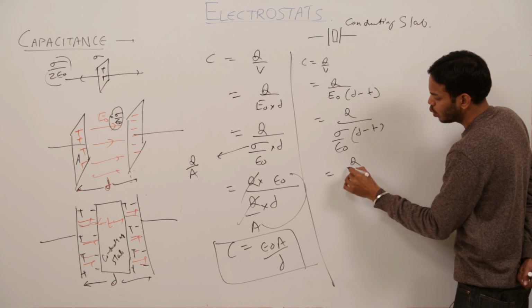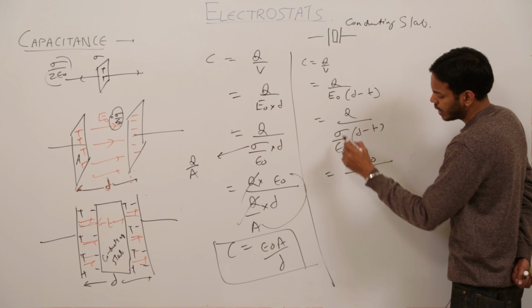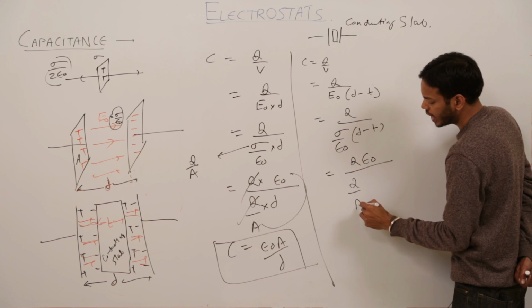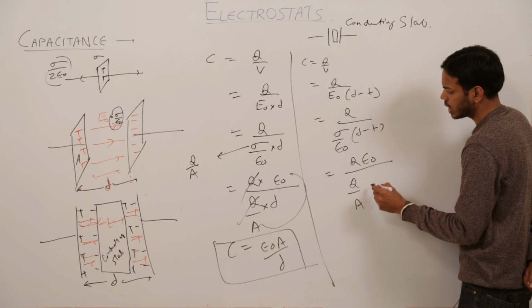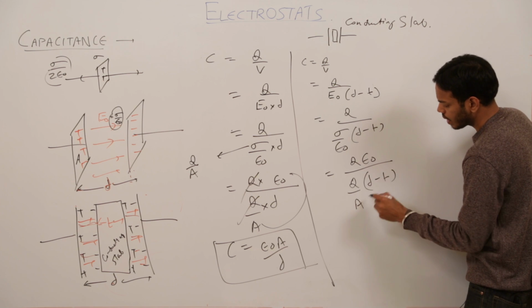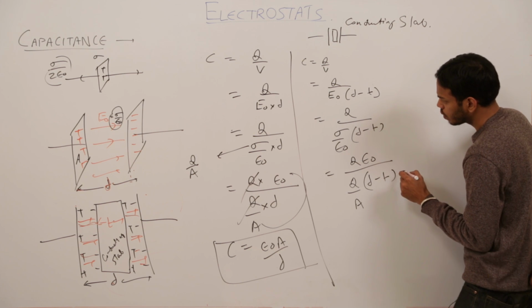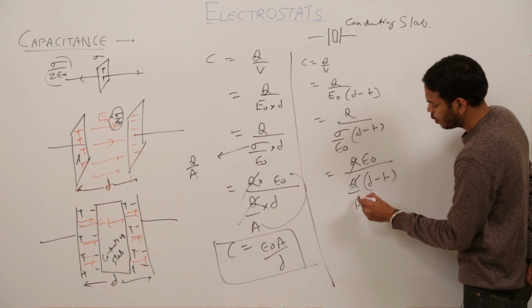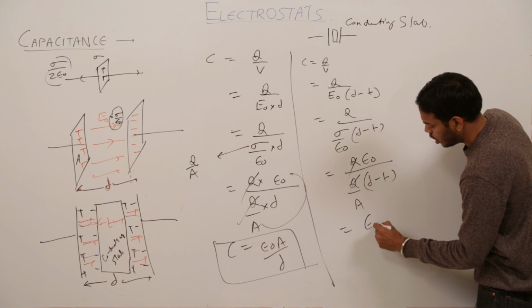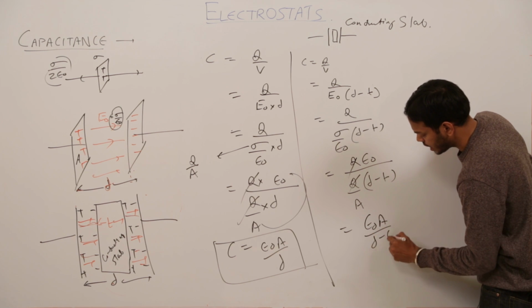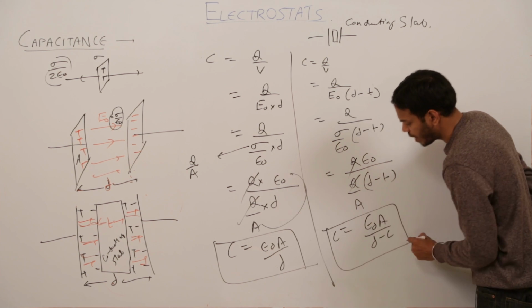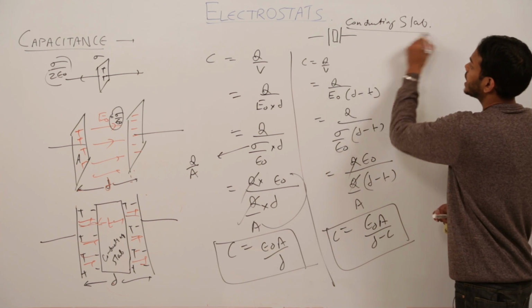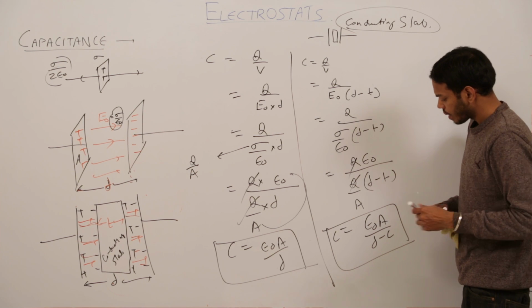Sigma is charge upon area, the charge density. Q, A goes up, so epsilon naught A upon d minus t. This is the capacitance of a capacitor having a conducting slab in between.